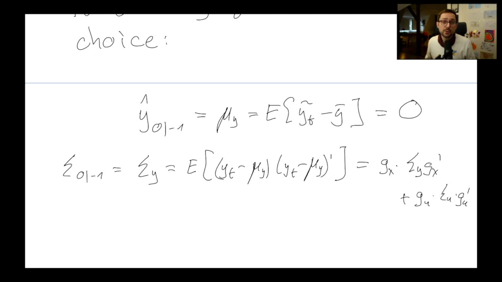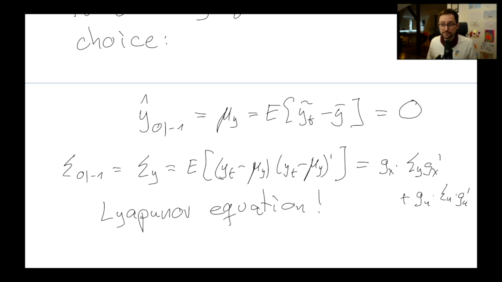So similar to what we have seen in a vector autoregressive process of order 1. So this is a Lyapunov equation, easy to solve. You can use the Kronecker product to solve this analytically, or an efficient solver for this.